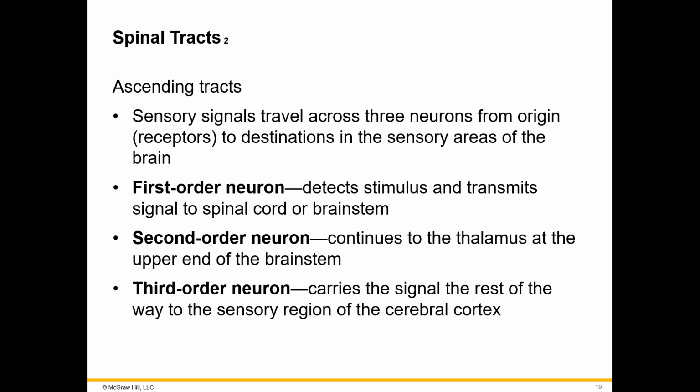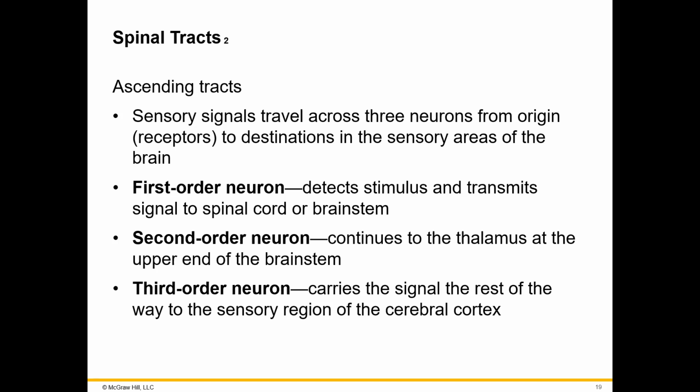If you go from the spinal cord and brain stem up into the thalamus, which is a region in the brain, that makes you a second order neuron. Second order neuron continues from the first order neuron to the thalamus. Then if you go from the thalamus up to the brain where you need to be, that's a third order neuron.